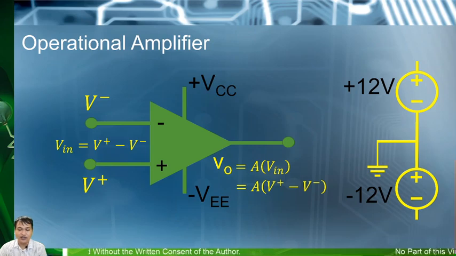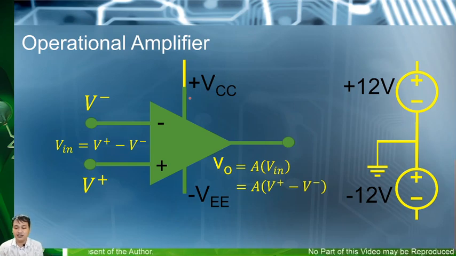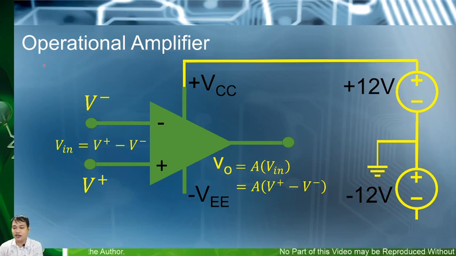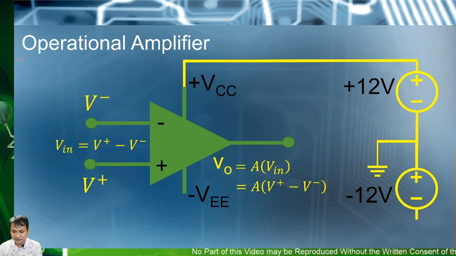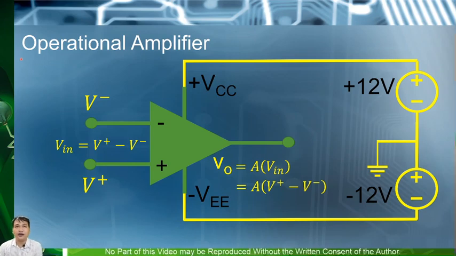Next, let us connect this positive VCC terminal like this to the positive terminal of this power supply. Let us also connect this negative VEE like this to the negative terminal of this power supply. Okay. So let us also apply a load, or connect a device to the op-amp.